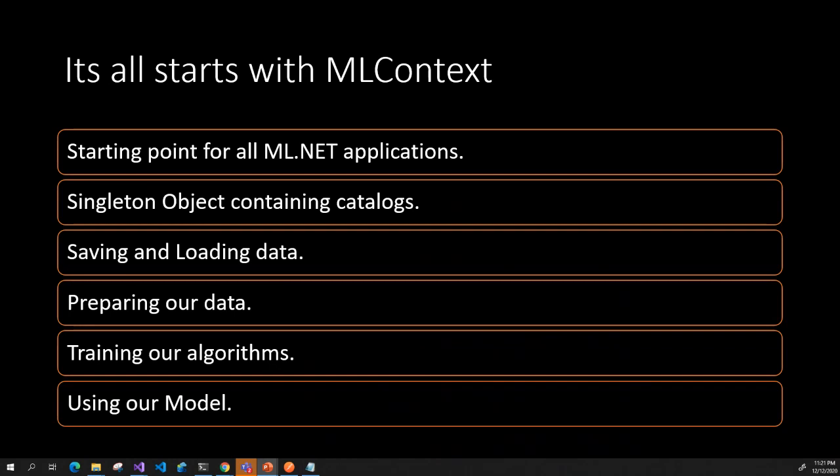These catalogs provide methods for a variety of operations we need to perform when building machine learning pipelines. For example, we have catalogs to load our data, to prepare our data for our pipelines, and to train the algorithms that we want to use to solve our problems. And once we've trained our model, we have catalogs that we can use to use the model.